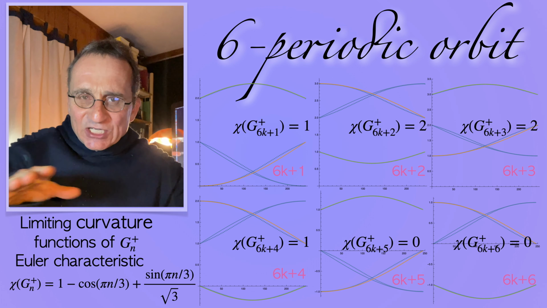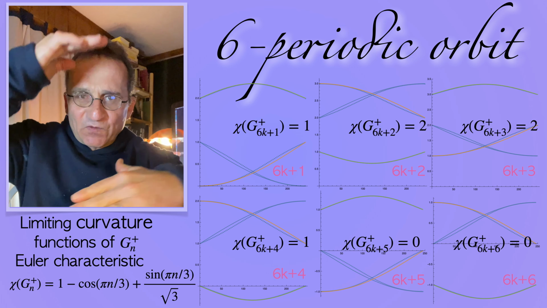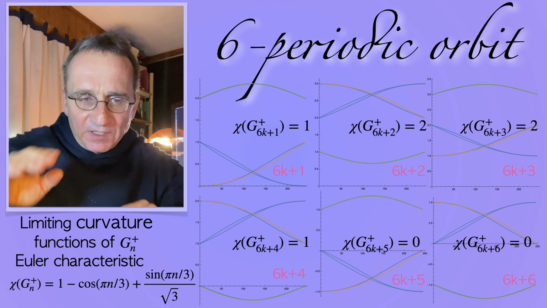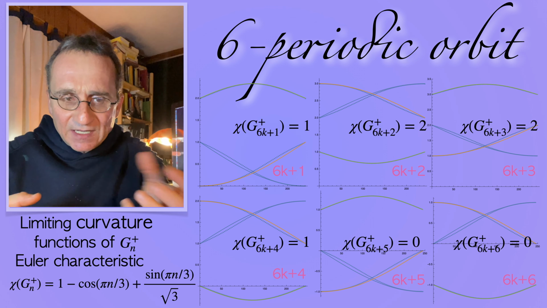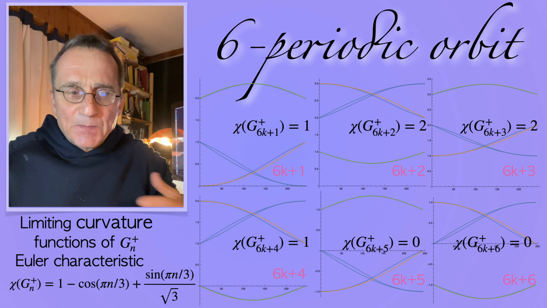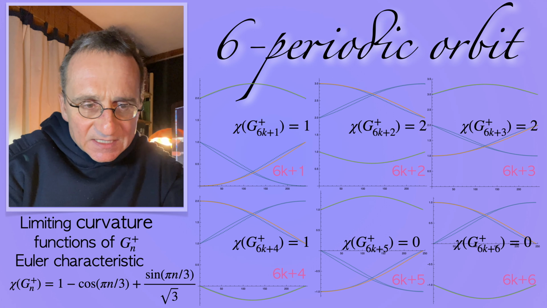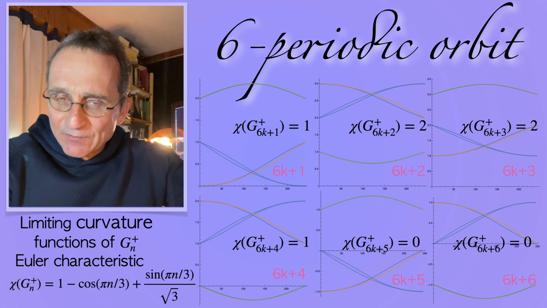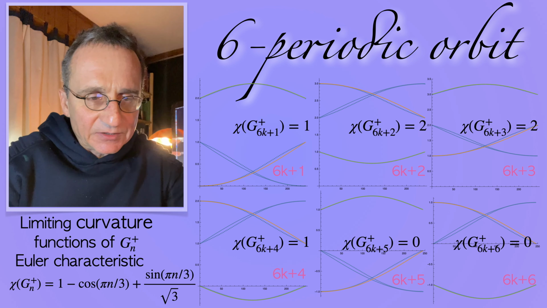What happens is the curvatures are built up from different parts of a sphere or a contractible space. So they depend on k modulo 6, right? For 6k plus 1, the Euler characteristic is 1, so the average is 1, and so we have also the Euler characteristic explicitly.